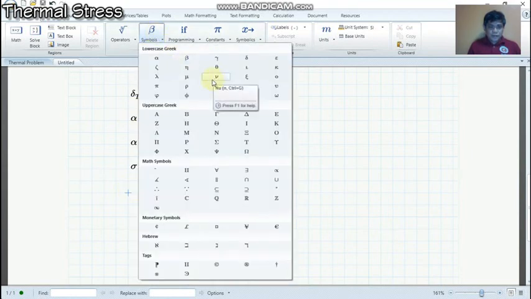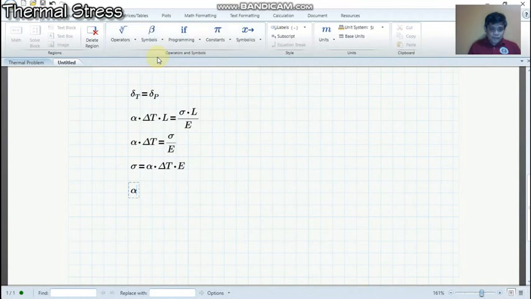Our alpha is equivalent to 11.7 times 10 to the negative 6 per degree Celsius.